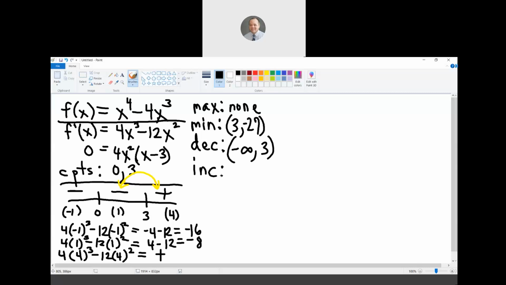And that happens greater than 3, or from 3 to positive infinity. Now, before we use the second derivative test to find the rest of our graph's characteristics, any questions about the first derivative test?